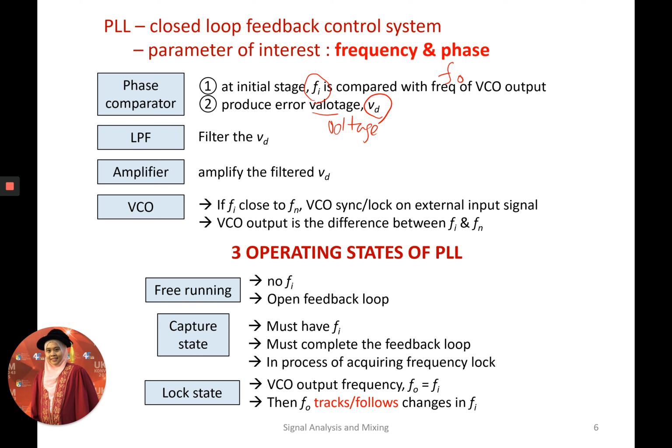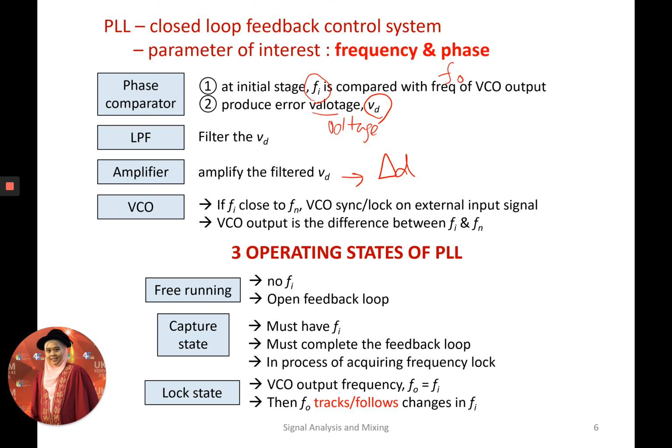In the VCO, if the input frequency is close enough to the natural resonant frequency of the VCO, the PLL will sync or lock on the external input signal, and the VCO output is the difference between the input frequency and the FN, the natural resonant frequency of the VCO.